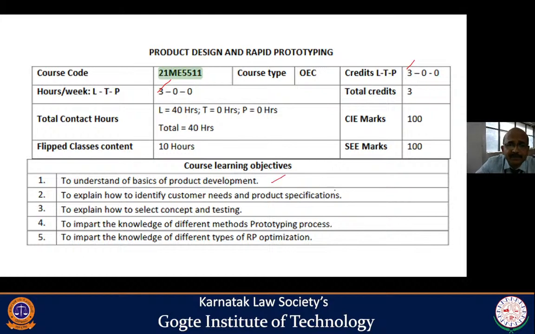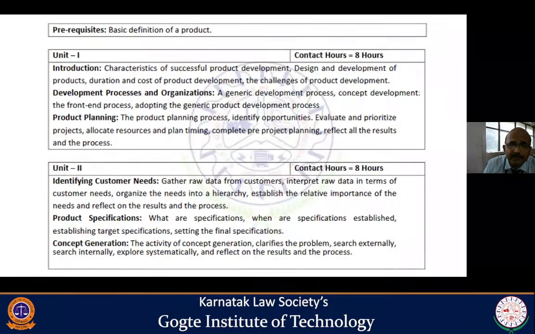So the first 3 course learning objectives are related to product design, and the last 2 course learning objectives are with respect to the rapid prototyping. So this subject is mainly divided into 2 parts, that is product design and rapid prototyping. There is no such prerequisite for this subject. You should know the general definition of what is meant by a product, that's all.